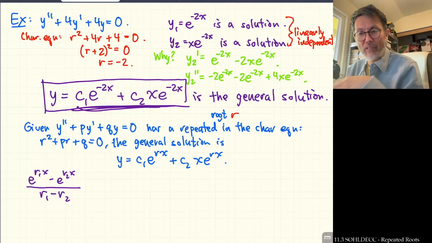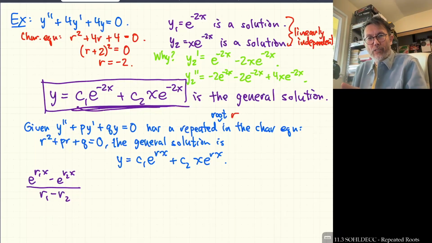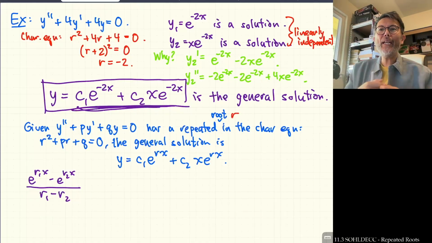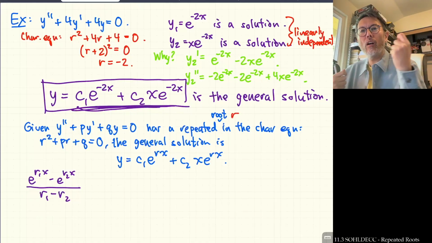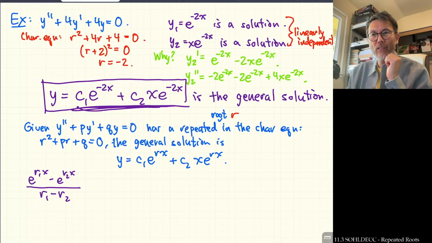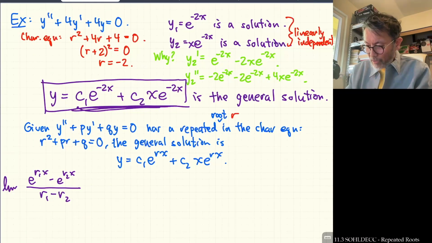You agree with me? This is a linear combination of the two solutions. But now take a limit as r1 gets closer and closer to r2. And observe that this is like the derivative, if you take a limit as r1 goes to r2.